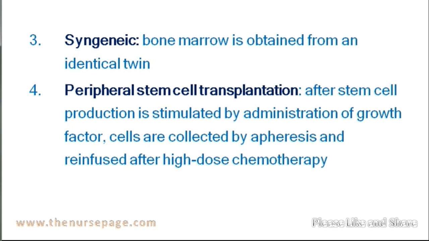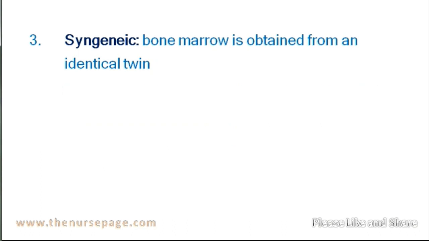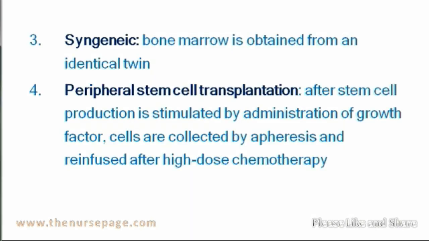It is also a type of autologous. So four types of bone marrow grafts: autologous, syngeneic, peripheral, allogenic.